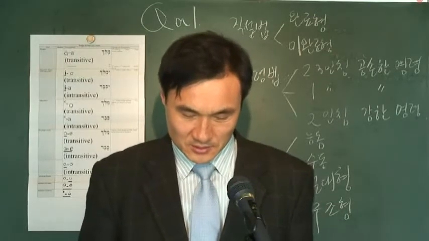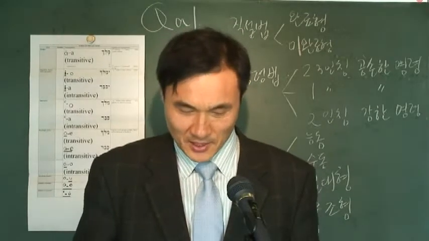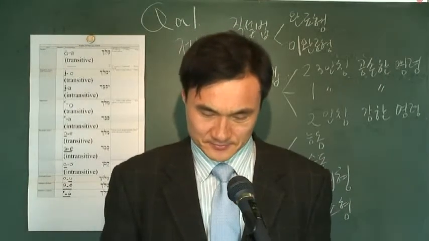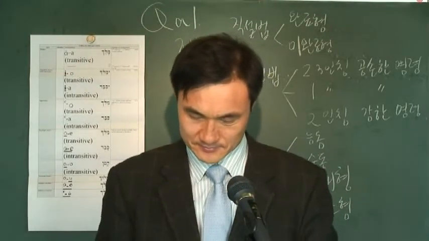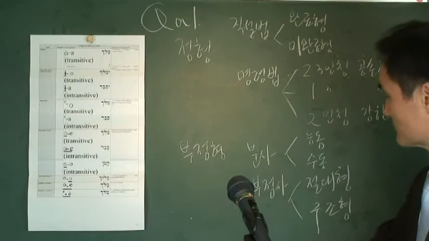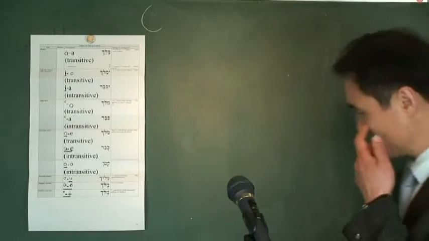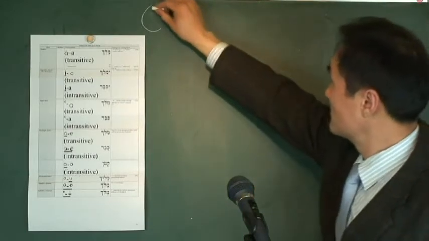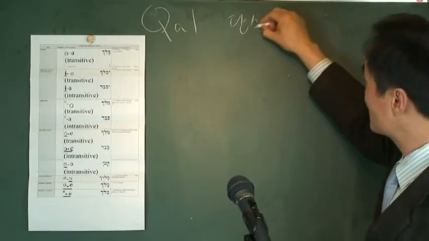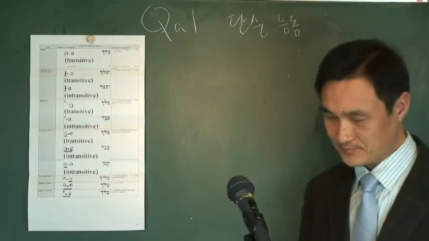In our last lecture, we learned that there are verbs of derived forms that come from basic forms. The kal verb applies to simple and active forms.